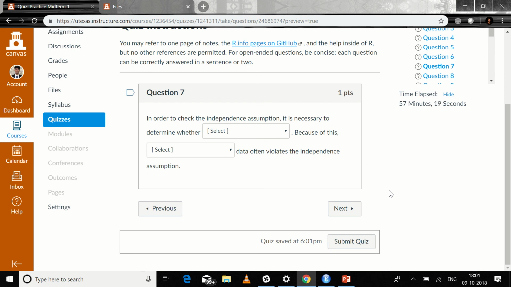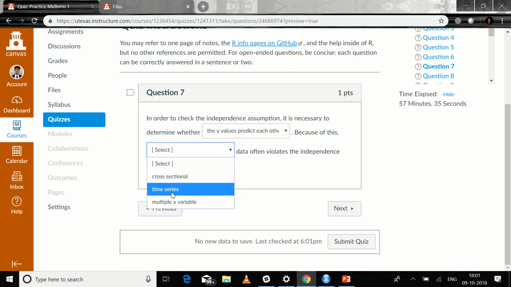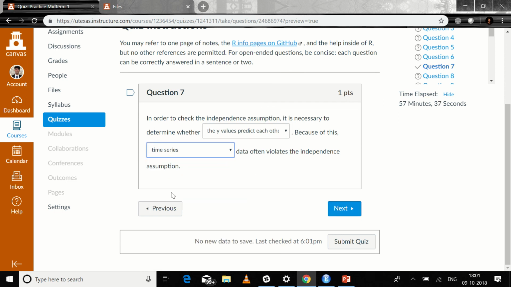That means that for the independence assumption, it's necessary to determine whether the y values predict each other. That's what's important, right? And because of this, time series data often violates the independence assumption. All right?